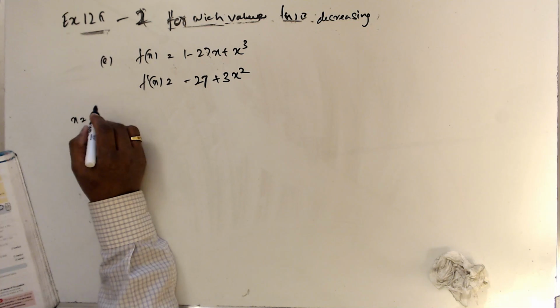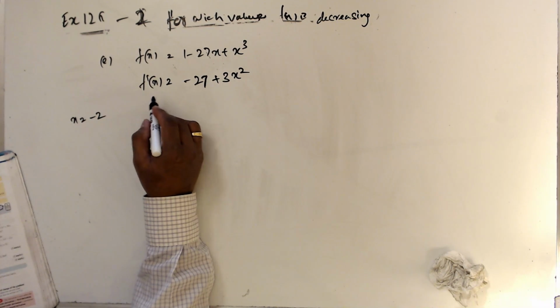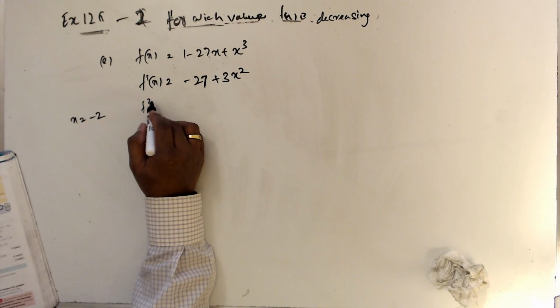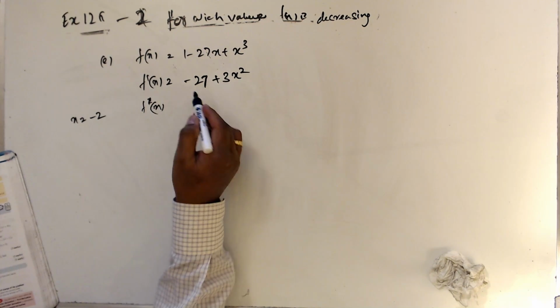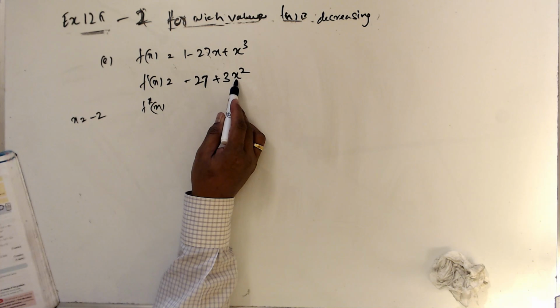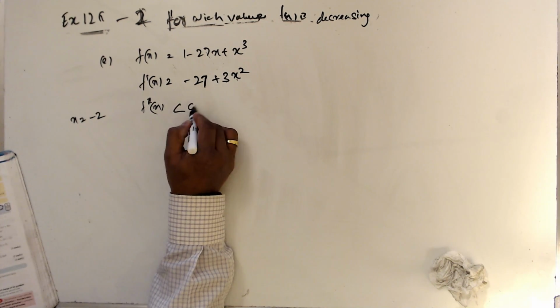When x equals minus 2, what is the value of f dash x? Greater than or less than? So minus 2 squared is 4. 4 times 3, 12, minus 27, and it is less than 0.